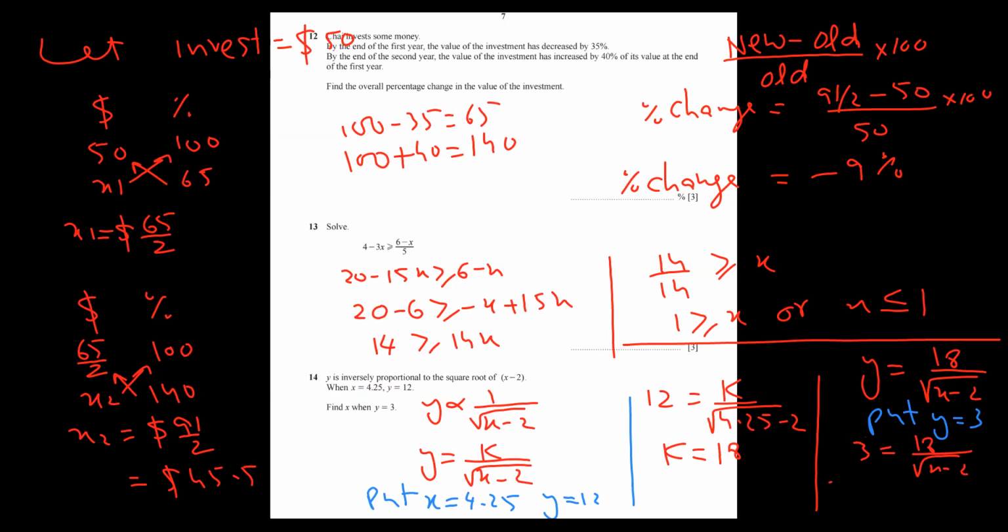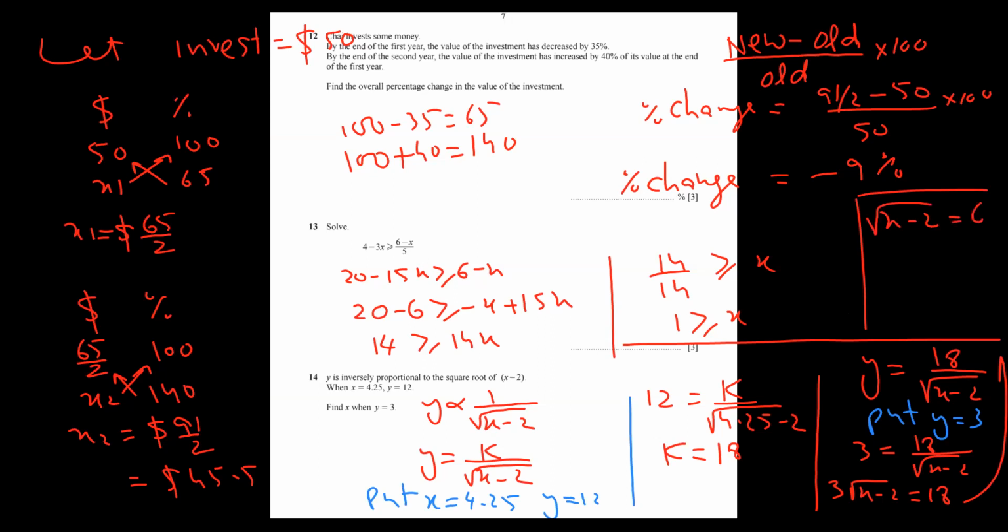So it becomes 3 times root of x minus 2 equals 18. 3 divides under it. I have a space issue, so I am writing it here on the top. So when 3 divides, it becomes root of x minus 2 equals 6.